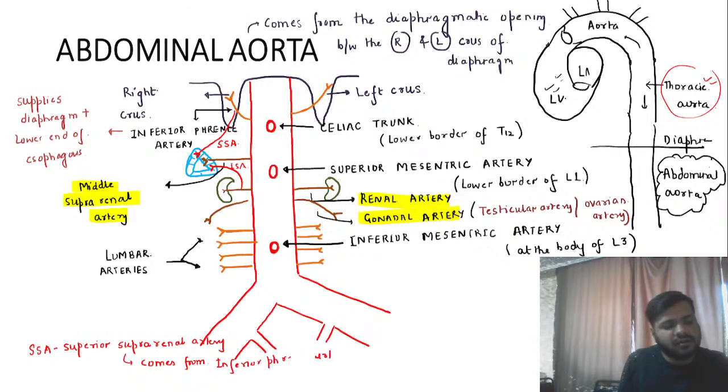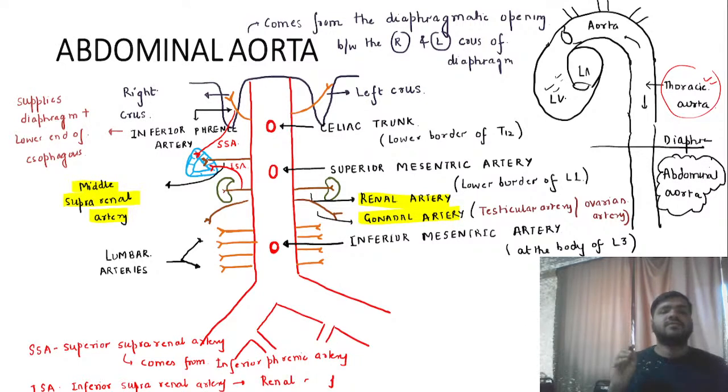If we talk about ISA, that is the inferior suprarenal artery, it comes from the renal artery. So that concept should be clear: above the kidney there is a gland, that is the adrenal gland, the suprarenal gland.